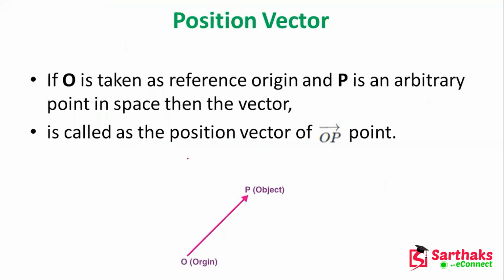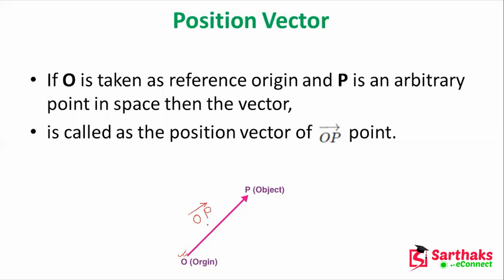Now the position vector. If O is taken as the reference origin, as we have taken O in this diagram, and P is an arbitrary point in space, then the vector OP is called the position vector. This vector is denoted by OP.